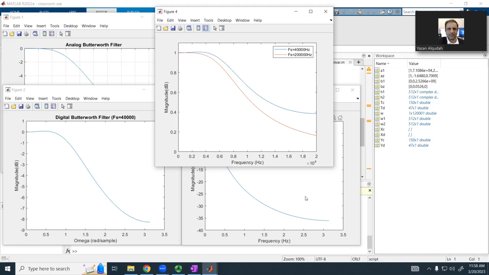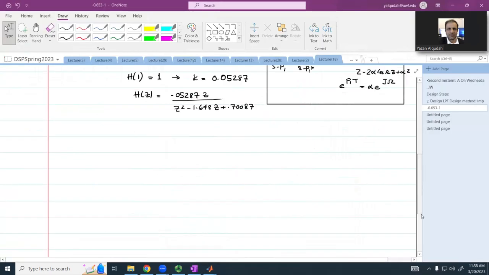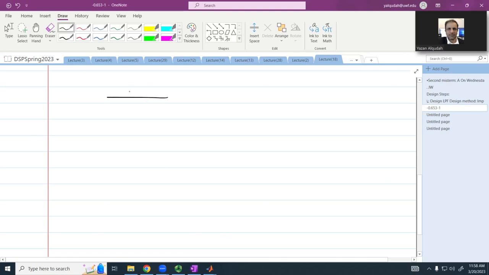So what is happening here is I build this filter, and then I sampled it. With the 40,000, I'm sampling it, and I'm having the replicas like this. With the 200,000, I have this filter.